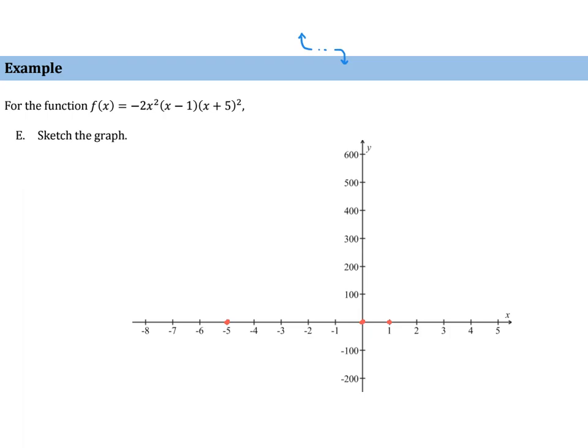And we know from our end behavior that we're going to be coming down to this point, and then at negative 5 we touch, so we're going to come back up, and then at 0 we're going to touch again, we're going to come back up, and then at 1 we're going to finally cross and we're going to go down. So if I did nothing else at this point, we would have something that looks like this.